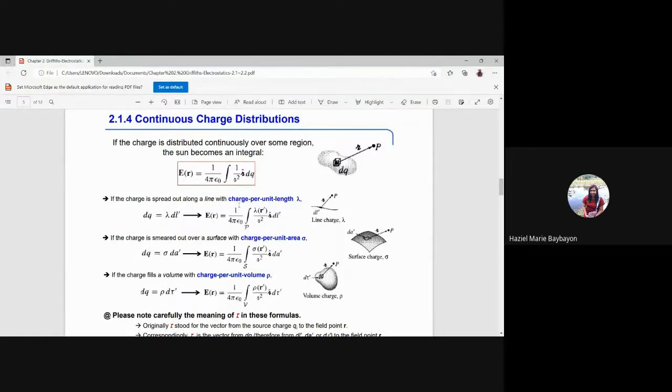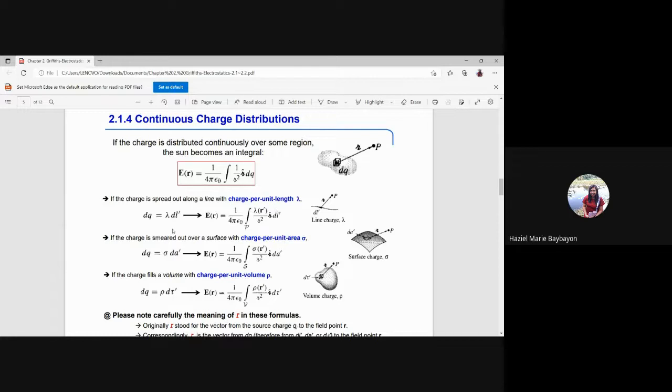So we define the charge per unit length lambda, wherein kaning imong dq diri, small charge, infinitesimal charge dq, it is equal to lambda times dl. Okay, so dq here, kining equation can be replaced by lambda times dl, where lambda is the charge per unit length.